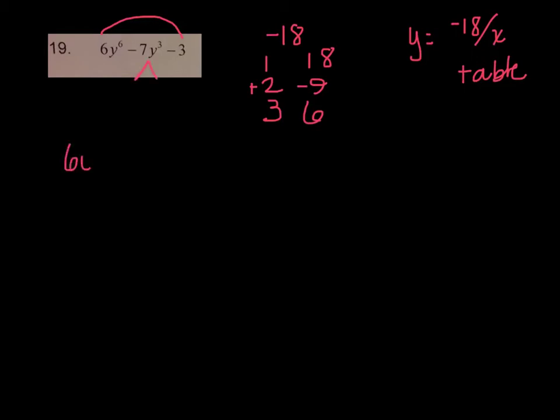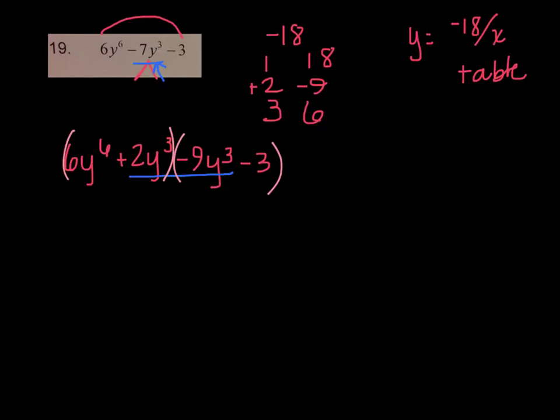So I'm going to get 6y to the 6th plus 2y cubed minus 9y cubed minus 3. Don't forget that these two pieces in the middle must equal this if I combine them together, so they take on the variables of the middle term. I'm going to group.